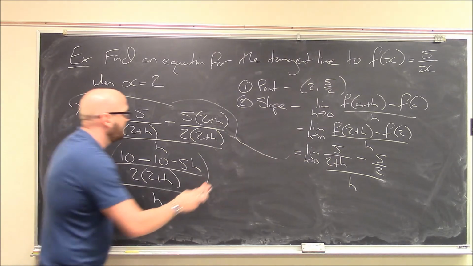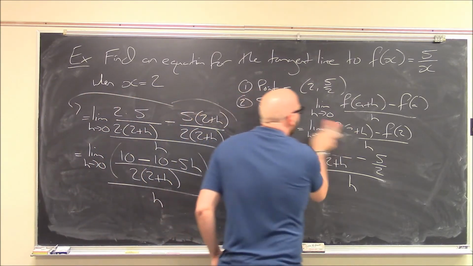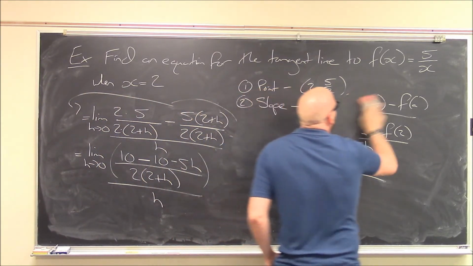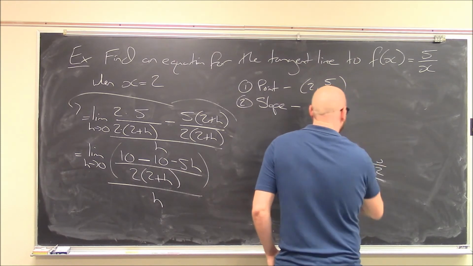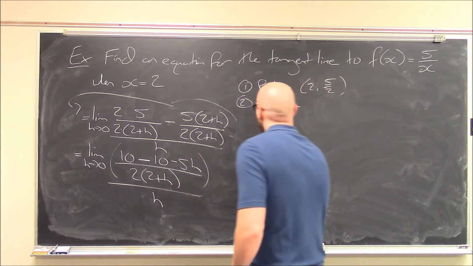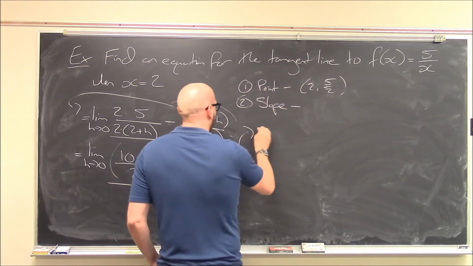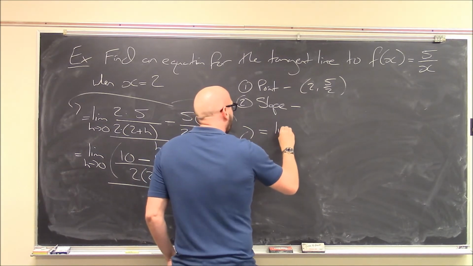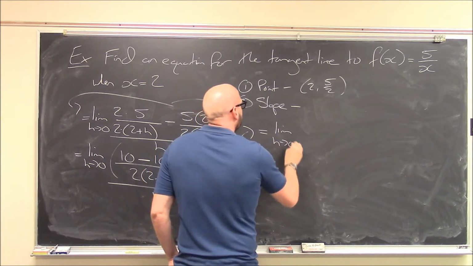And this problem was taking up a lot more space than I was expecting, but that's okay, we'll just keep coming over here with this. Limit as h goes to 0.